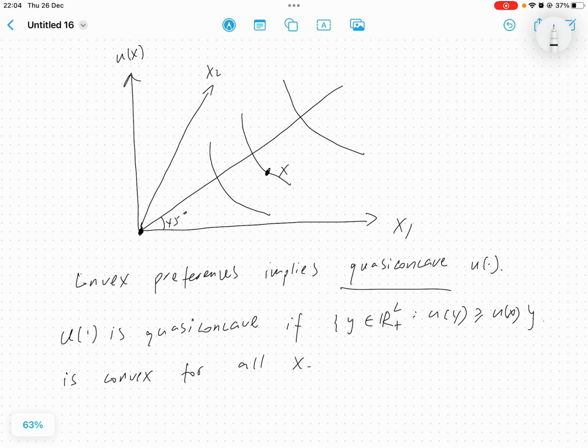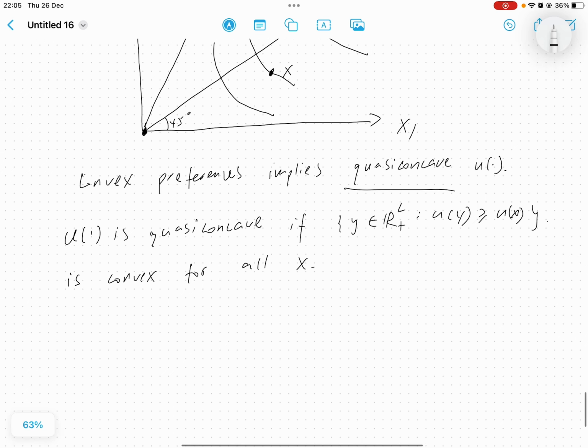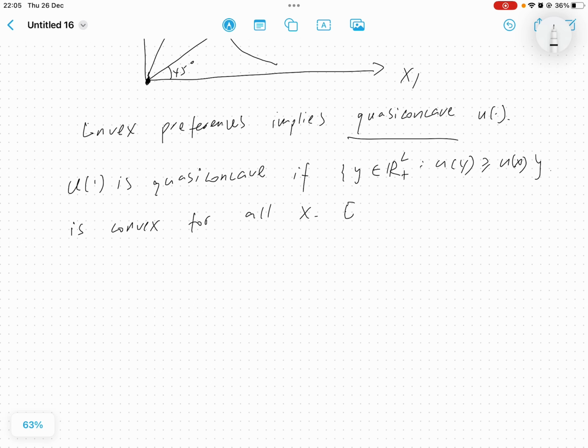Equivalently, this set is convex if the utility of a convex combination of two points x and y is greater than or equal to the minimum of u(x) and u(y). Those two are equivalent definitions.